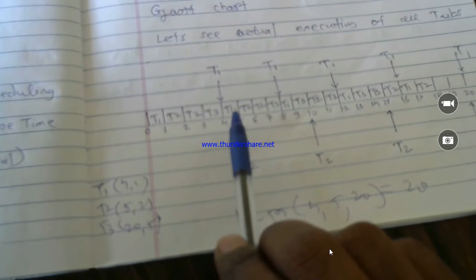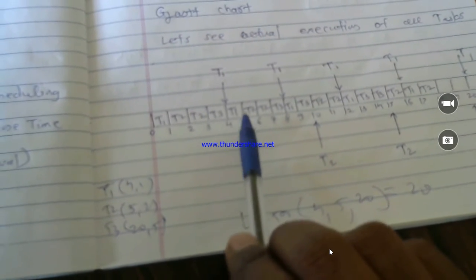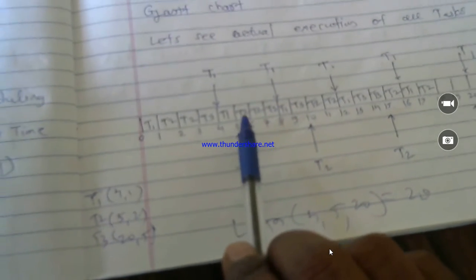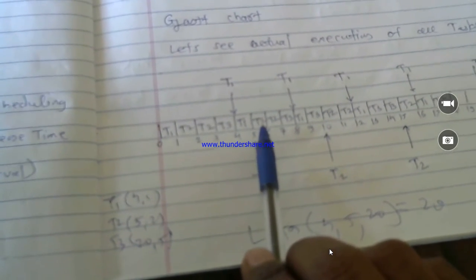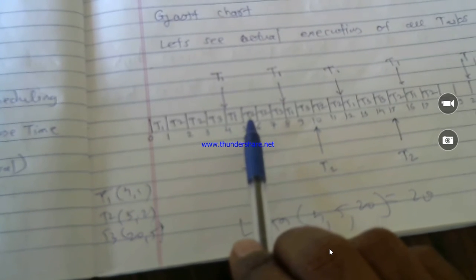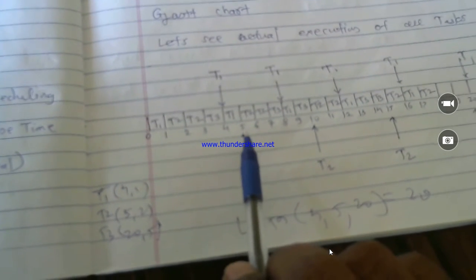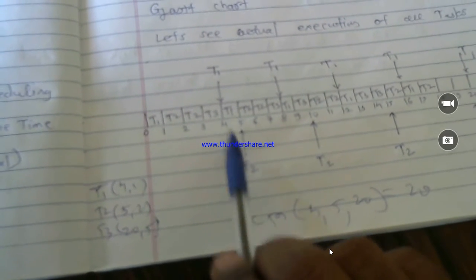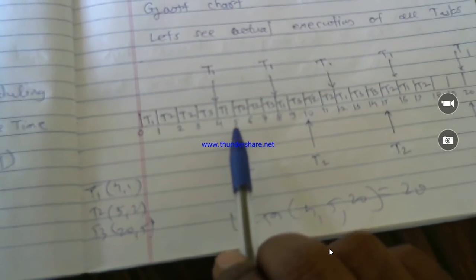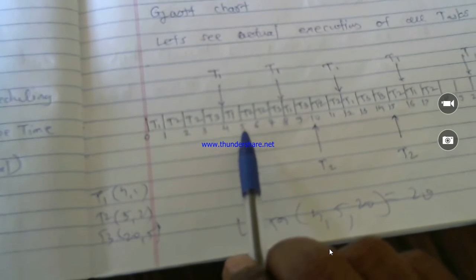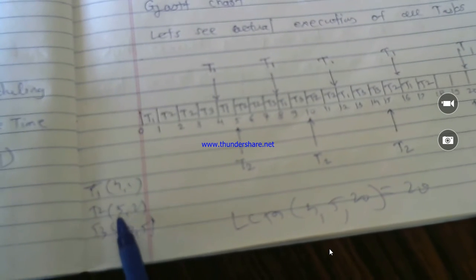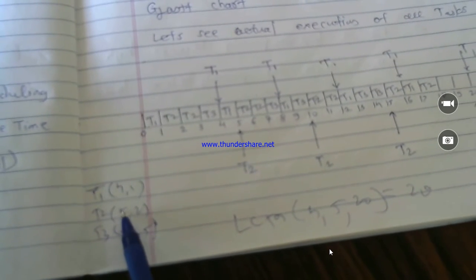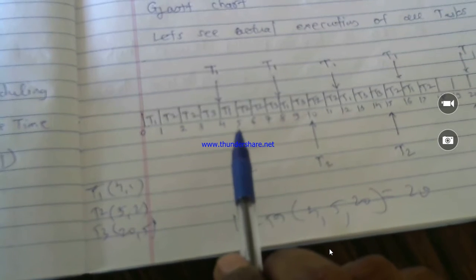It fulfills the conditions. Then next, what do I have to write? Can I write T3? No, I cannot write T3, because as soon as T1 completes its execution, we have reached up to 5 seconds, and T2 has a total fixed time interval of 5.